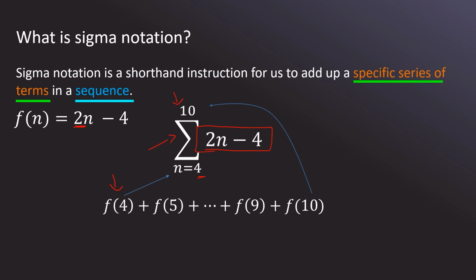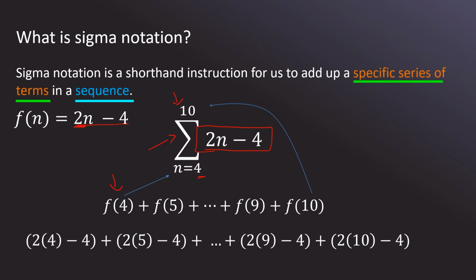These are the ones that we substitute into our linear function. We find the first few terms. So we start with 4, then go to 5, then add up all the rest, then go to 9 and stop at 10, but including 10. Don't forget to include the 10. Once you have those, then you'll add them together.